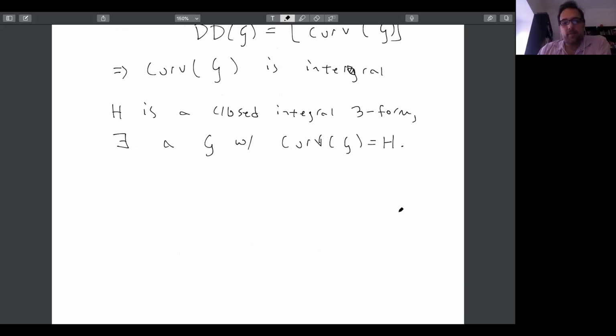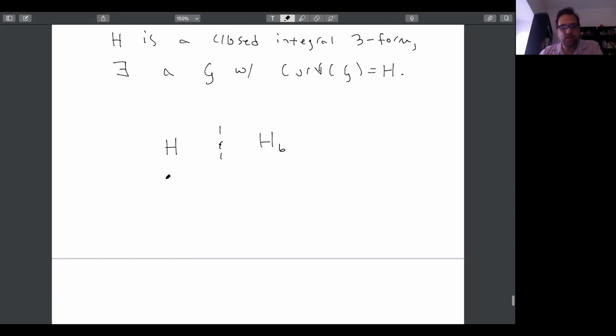Okay. So we have two integral 3-forms. We have H and HB. They're the curvature of two gerbes. There's a gerbe G on M, which is a gerbe honestly in supergeometry.